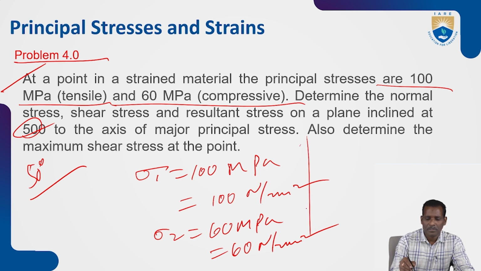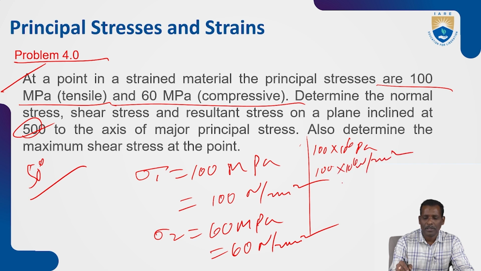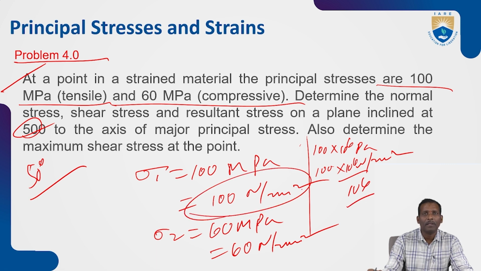So actually the 100 megapascal converts into 100 into 10 to the power 6 Pascal, which is equal to 10 to the power 8 Newton per meter square. One Pascal converted into mm square, divided by 10 to the power 6, you will get 100 Newton per mm square.